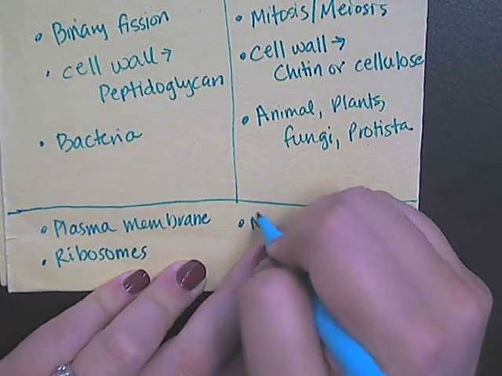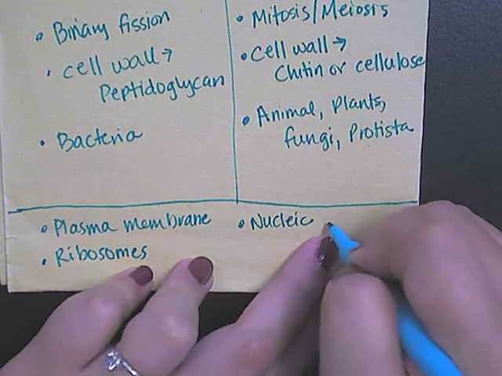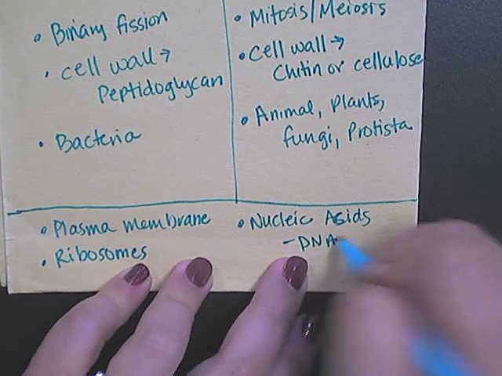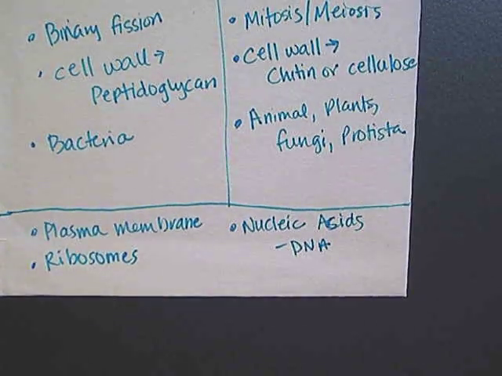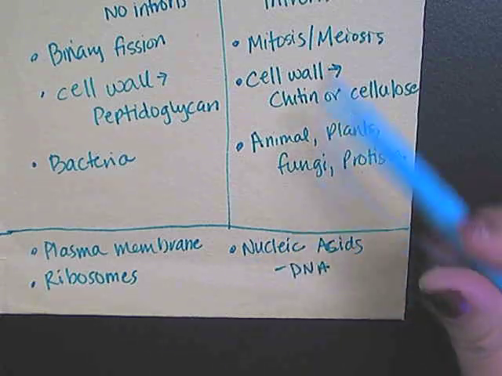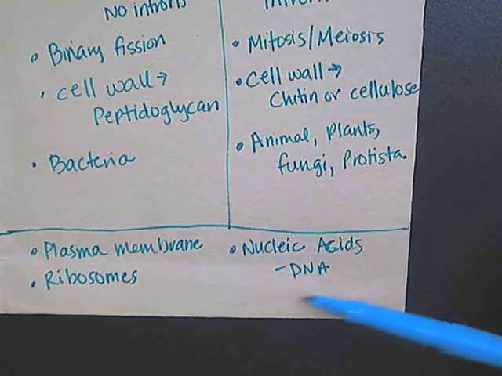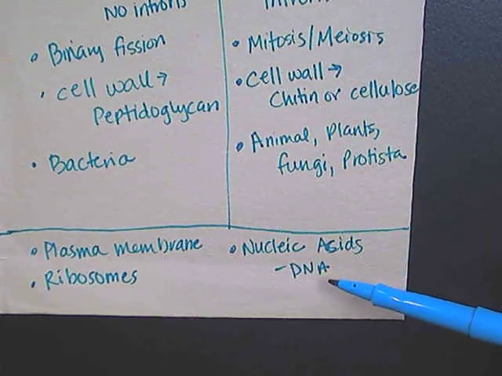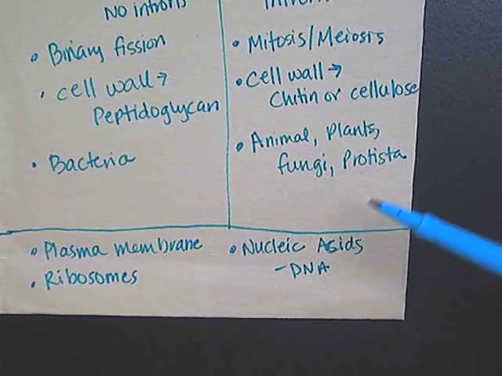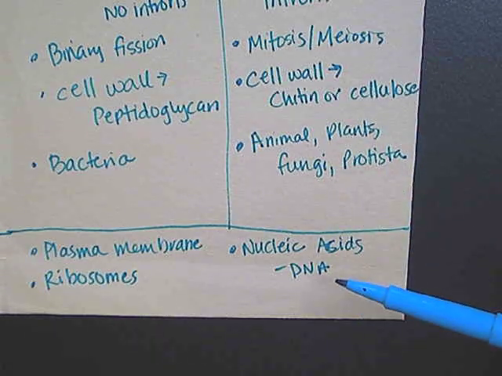They both use nucleic acids, specifically DNA, as their genetic material. And the fact that all organisms, prokaryotic and eukaryotic, use the same 4 nitrogenous bases in those nucleic acids can be used to justify a last universal common ancestor, or what we like to call LUCA.